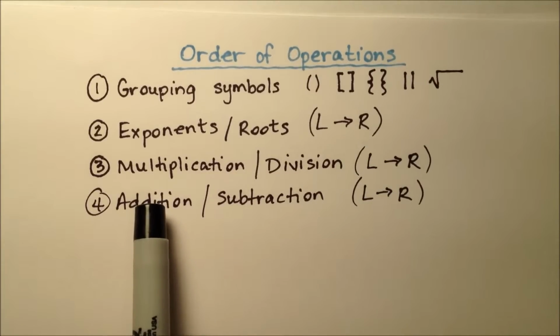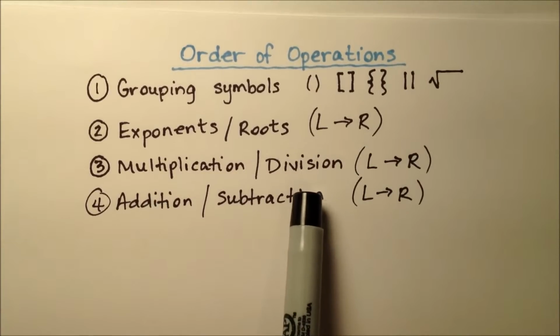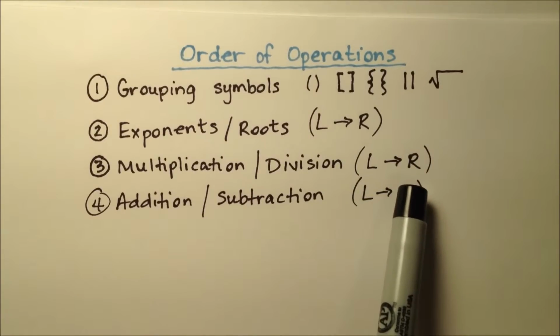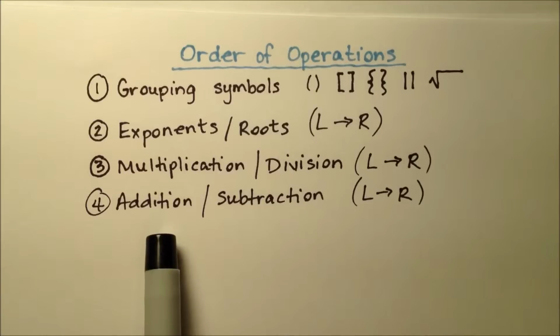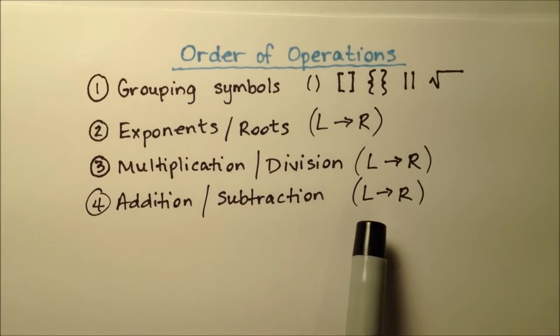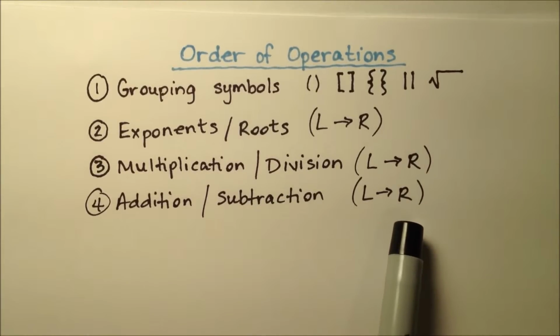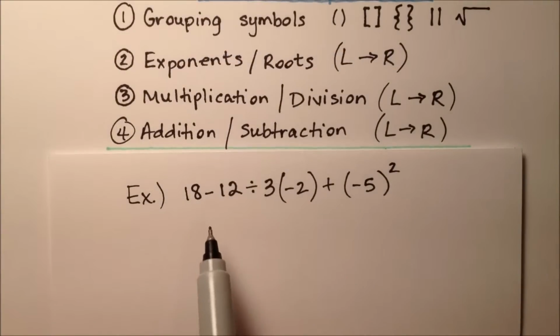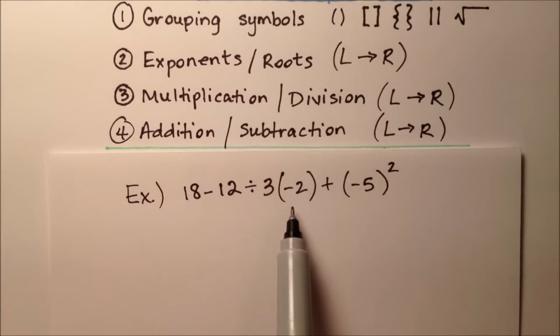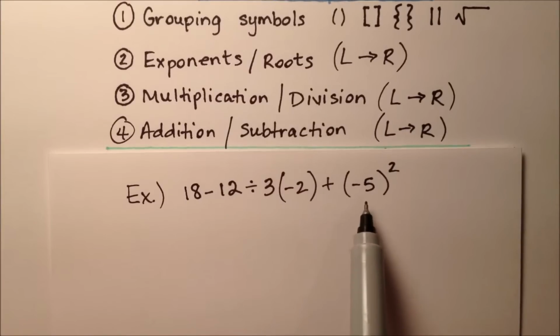The third step is to do multiplication and division together as they appear from left to right. Finally, when all that's left over is addition and subtraction, we do those addition and subtraction problems as they appear from left to right.